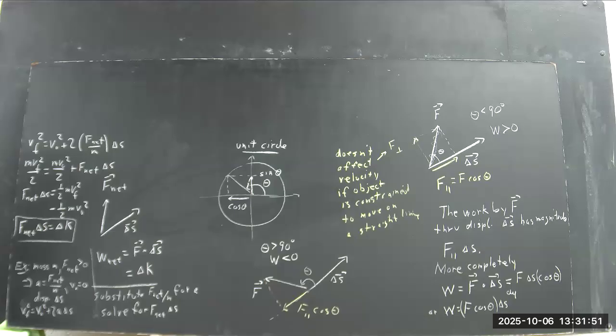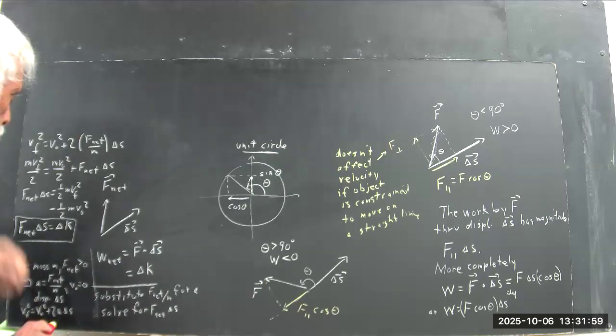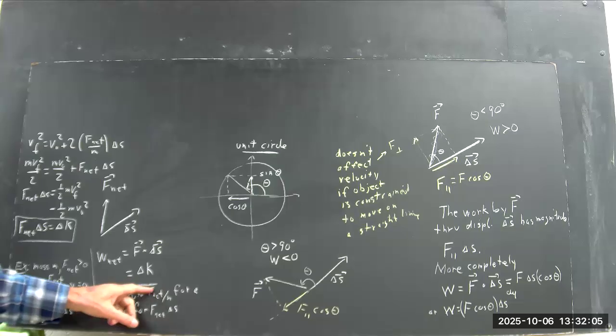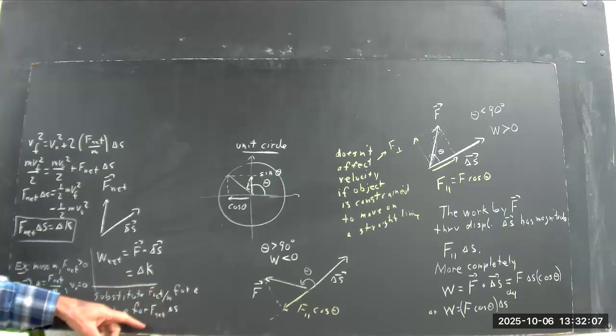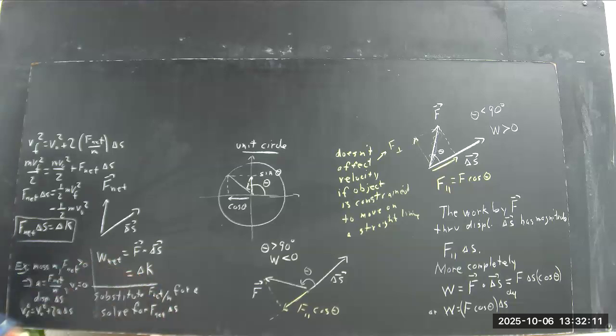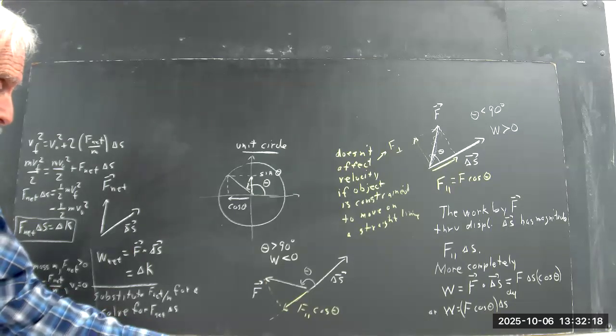Now, you do a little calculus, and you could say that instead of multiplying F net over M by delta S, you would integrate F net over M times delta S. Okay. And that'd be a little bit more involved.